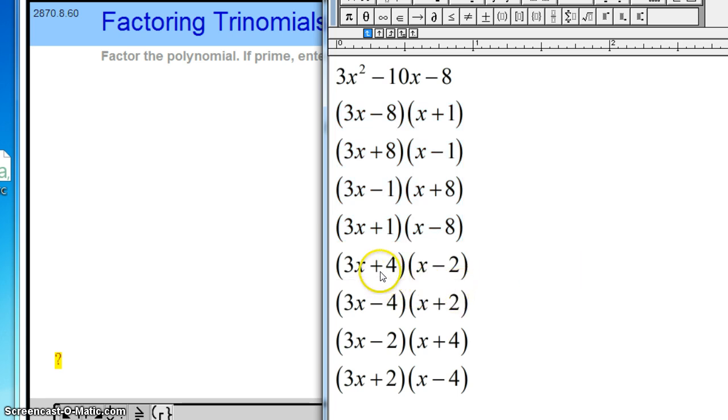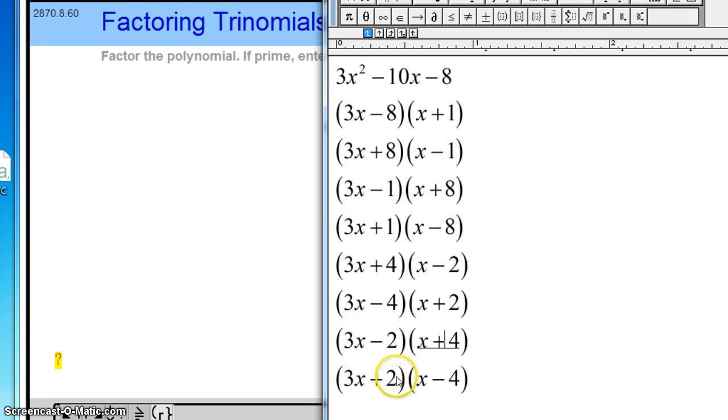All right, so then positive 4x, minus 6x, negative 2x, no. Minus 4x plus 6x, that's positive 2x, no. Negative 2x plus 12x, that's positive 10. Aha, we're getting closer. So we know it's something like this. But let's try this last one.